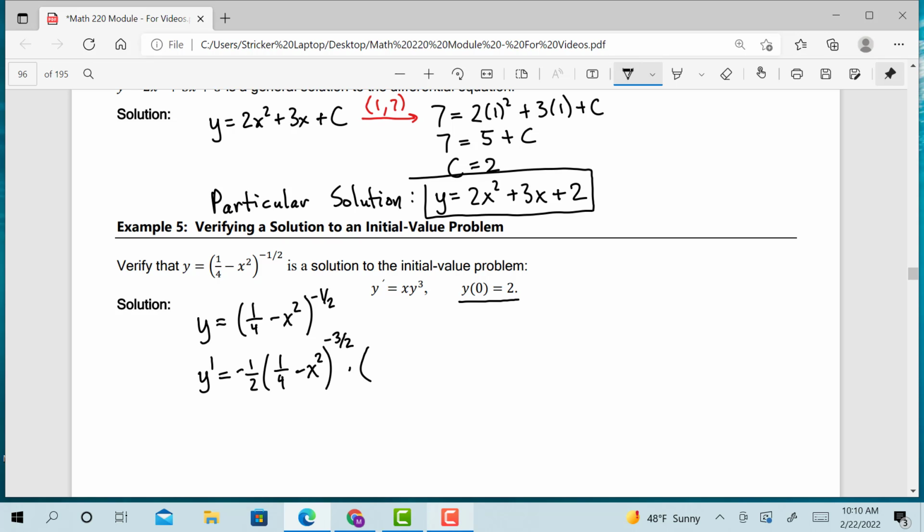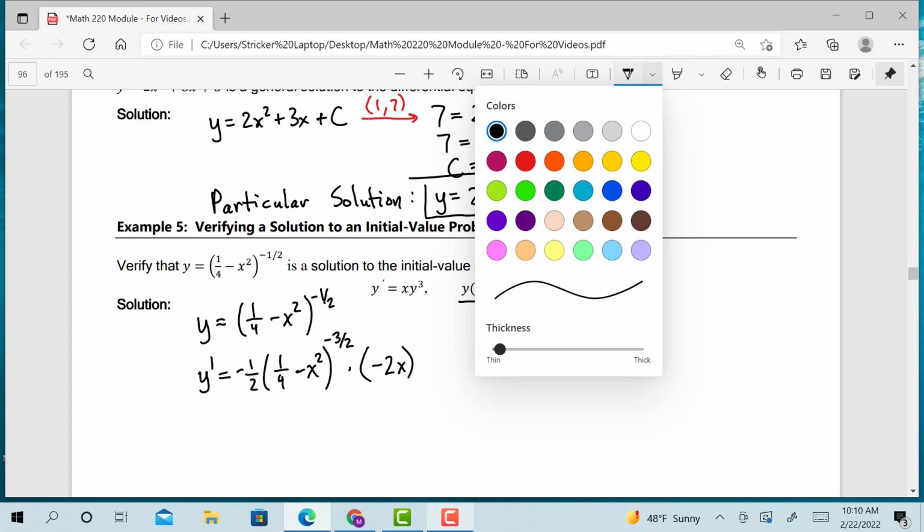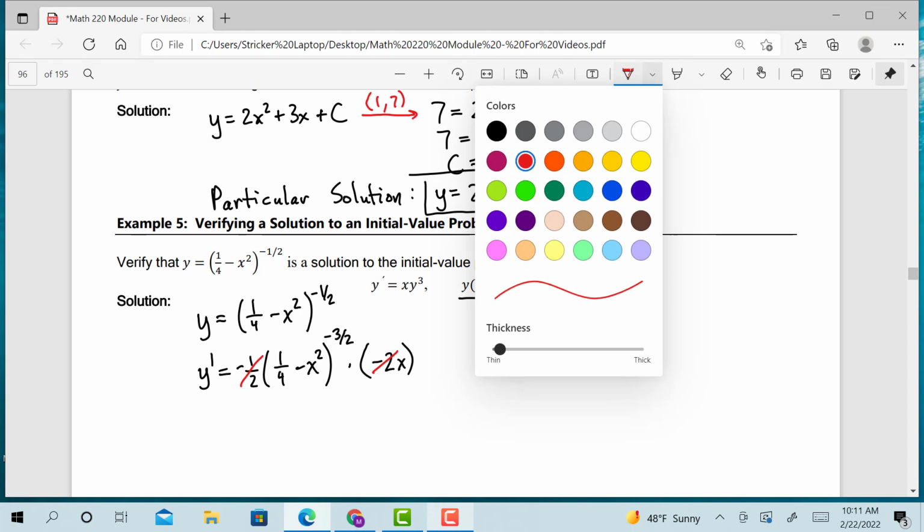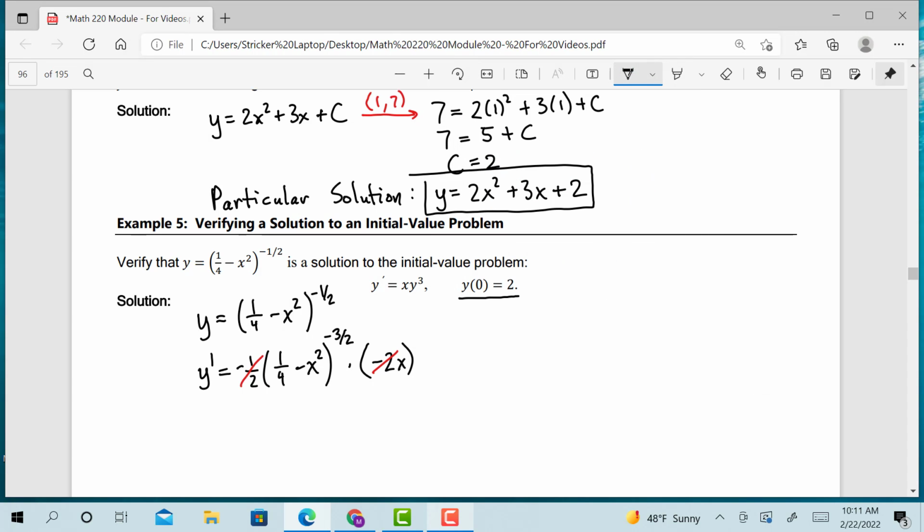The derivative of 1/4 is 0, minus the derivative of x squared, which is negative 2x. Let's simplify. We have negative 1/2 times negative 2x. That negative 1/2 cancels with the negative 2, just leaving x. We can rewrite this as x over (1/4 minus x squared) to the positive 3/2, because we had a negative 3/2 power.